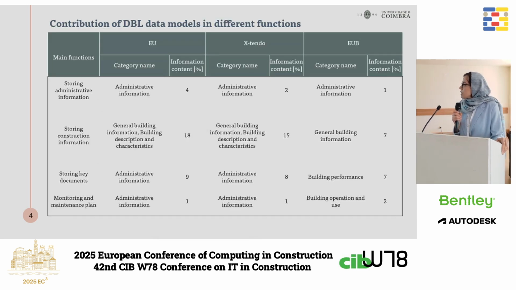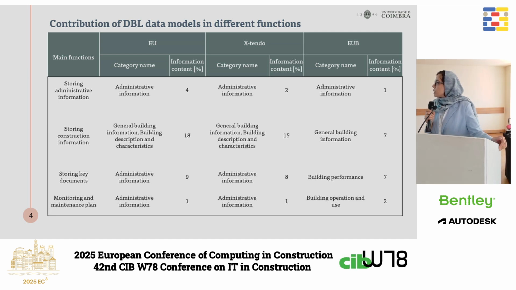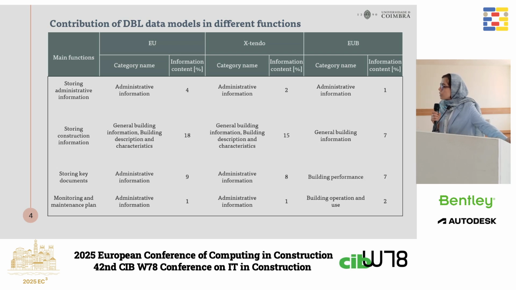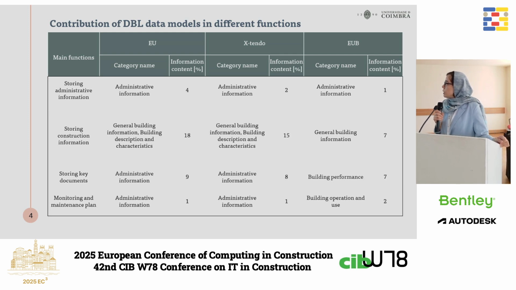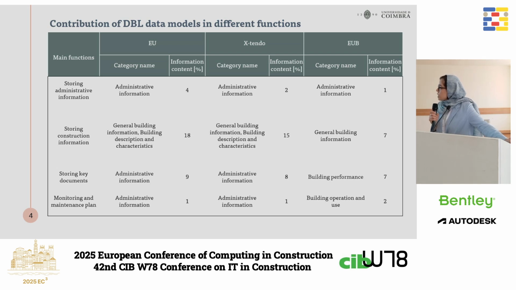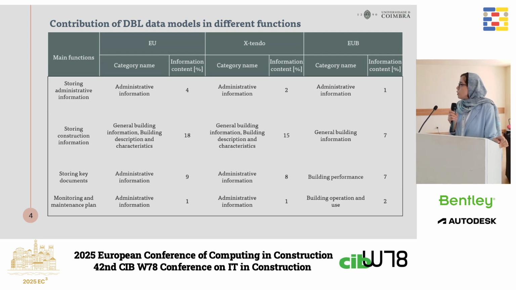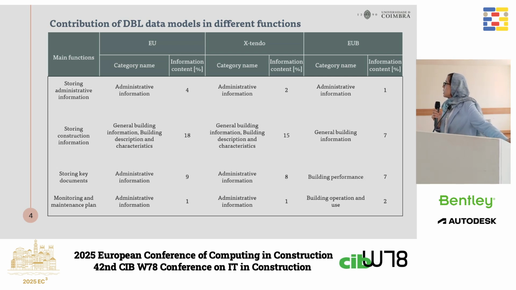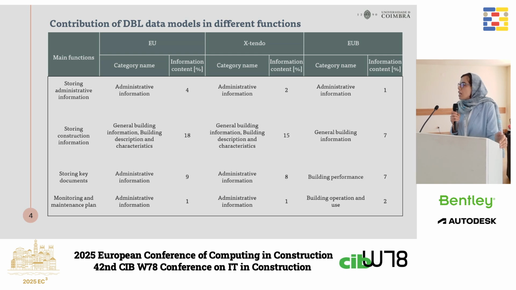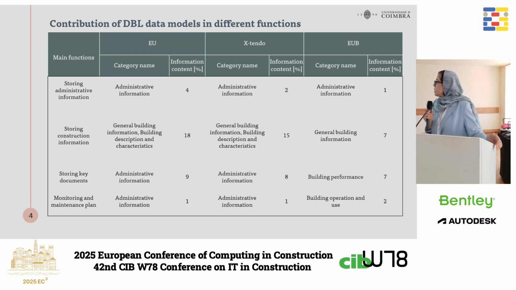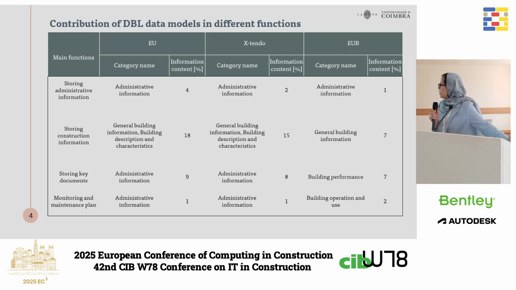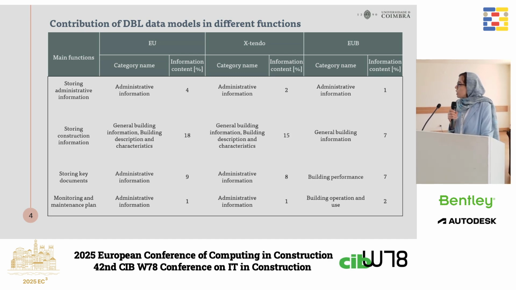As you can see in this table, we computed the contribution of DBL data models in different DBL functions. For instance, the European study, in terms of storing administrative information, provided only 4% information. The Extendo project was about 2%, and the EUB model, which is the new model published in 2023, provided only 1% information regarding the administrative function.